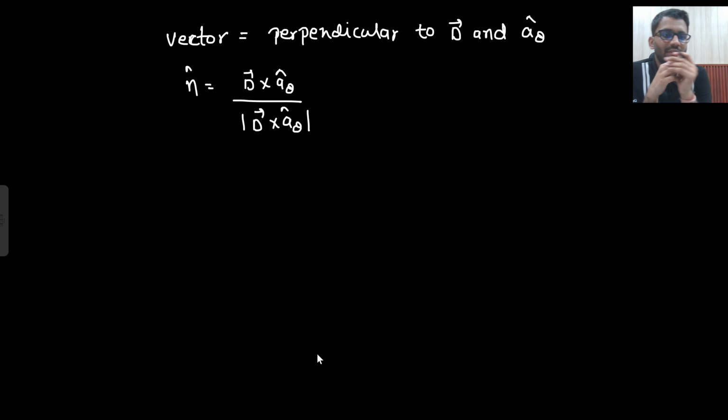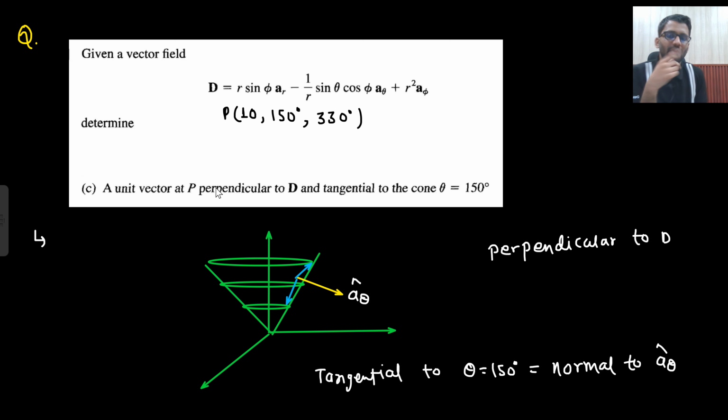So what am I going to find? First I am going to find D cross a theta. This is my task now. So what is my D? D at this point P they are asking.